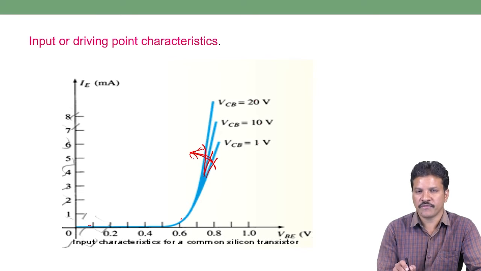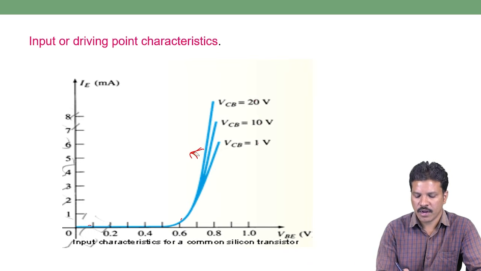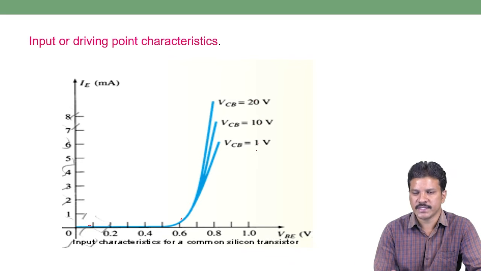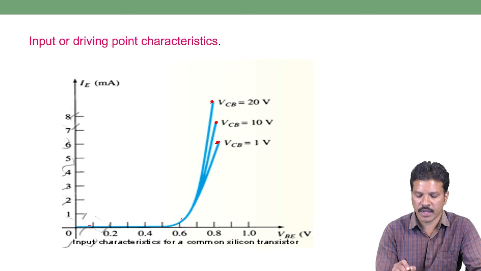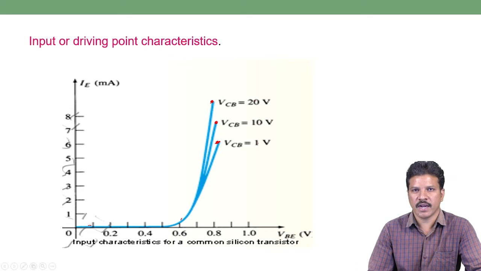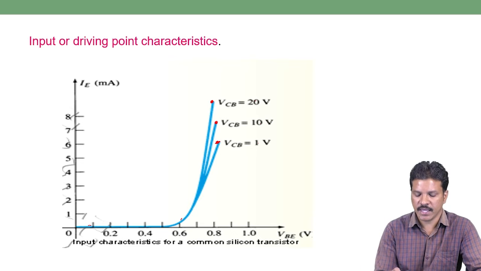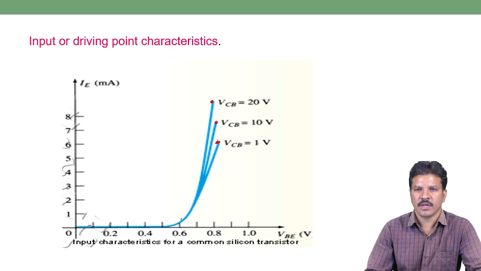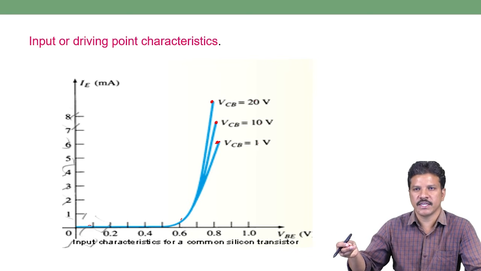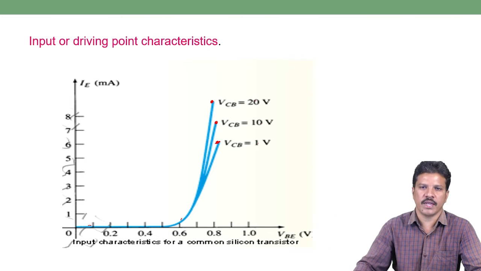That is the first point. And when we increase the collector-to-base voltage, the maximum corresponding emitter current is increasing. It gives increased current at the input side by changing the output voltage from 1 to 10 and then 20.